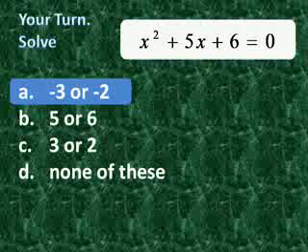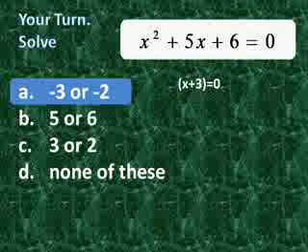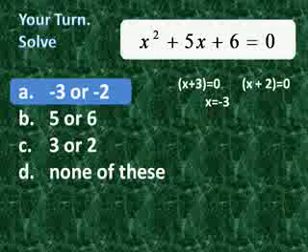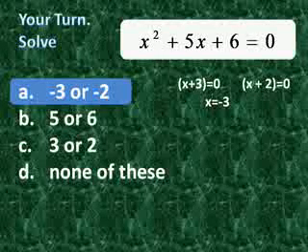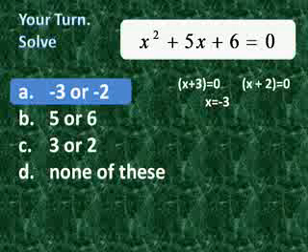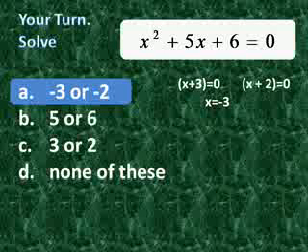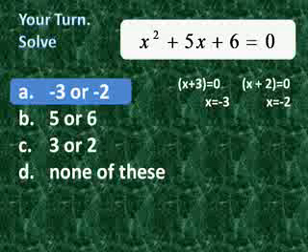The answer is A. x is negative 3 or negative 2. x plus 3 and x plus 2 are the two factors of x squared plus 5x plus 6. If x plus 3 is 0, then x is negative 3. If x plus 2 is 0, then x is negative 2.